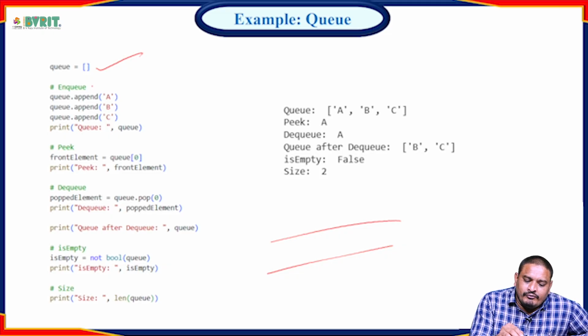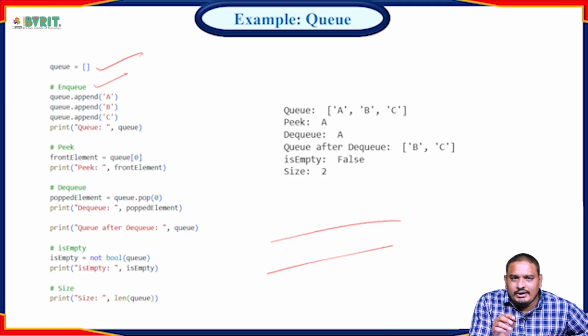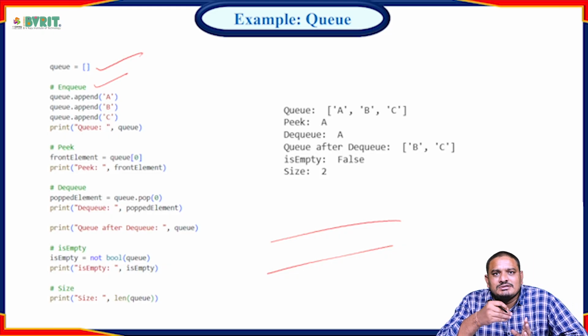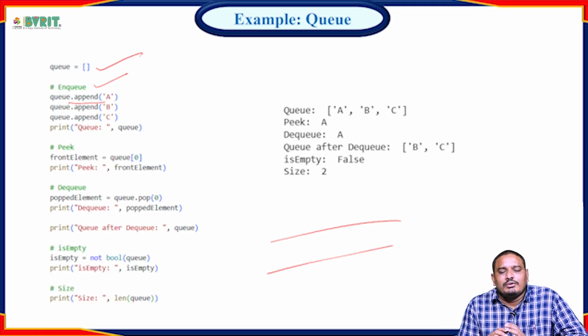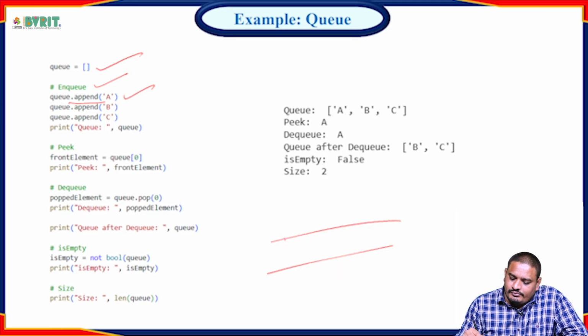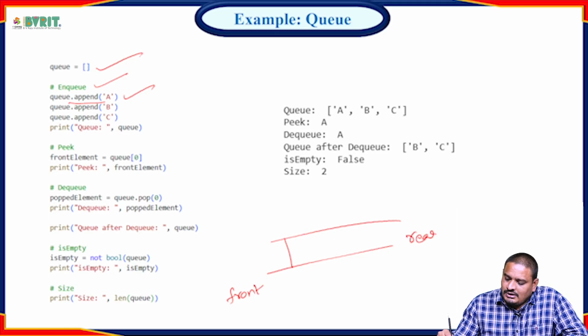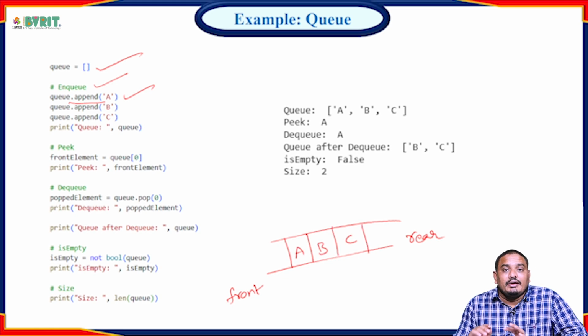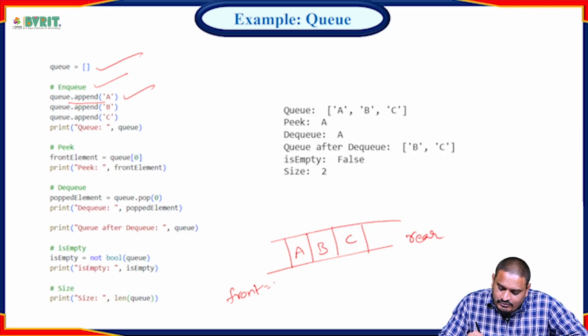First, perform the NQ operation. What is the NQ operation? We are inserting the elements into the Q by using the append method. First element is A. Now, this is the front, this is the rear. Rear means we are inserting the elements: A, second element is B, third element is C. Initially, the Q has front equal to -1, rear equal to -1.